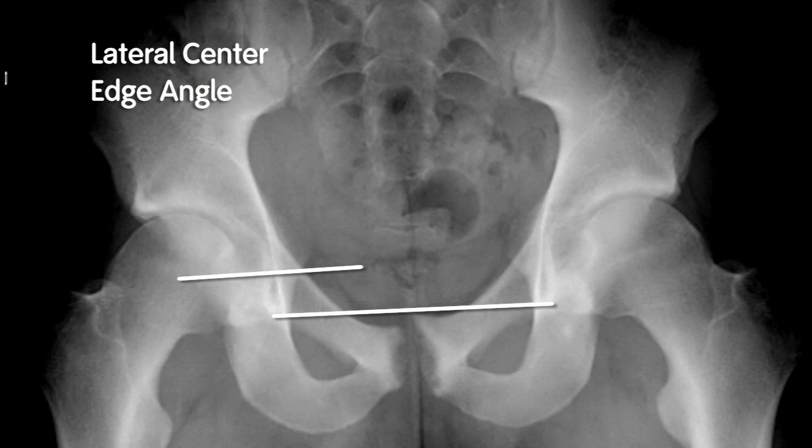A third line is drawn from the center of the femoral head and perpendicular to line 2. A fourth line is then drawn from the center of the femoral head to the lateral aspect of the sourcil. The angle formed by lines 3 and 4 is the lateral center edge angle and is typically 25 to 35 degrees, with lower numbers indicating acetabular dysplasia and significantly greater numbers indicating acetabular overcoverage.